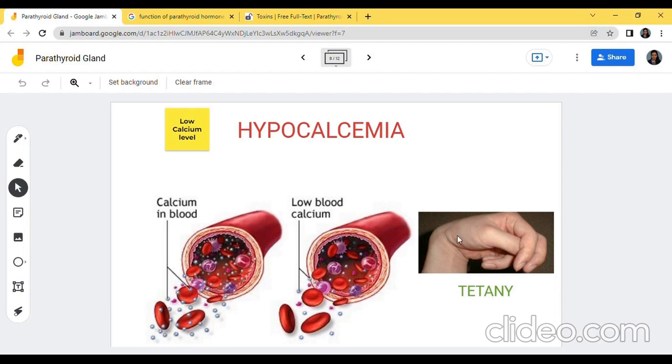It is a sustained muscular contraction in the larynx, that is our voice box, face, hands and feet. Here we can clearly observe the calcium molecules in the bloodstream, and in this hypocalcemia condition, the calcium level will be low in the bloodstream.